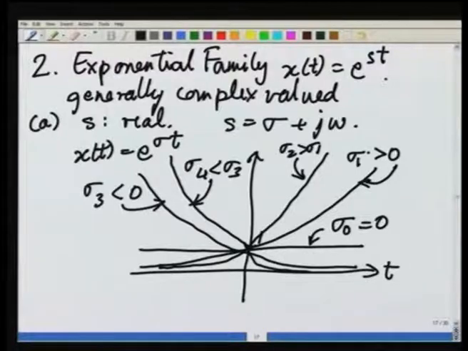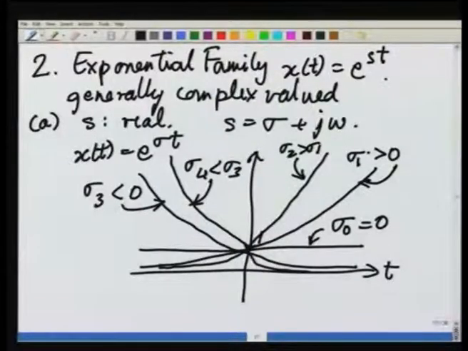So, for cases where sigma is less than 0, the roles are reversed. When sigma 4 is less than sigma 3, its curve is greater than that for sigma 3 when t is less than 0, and less than it for t greater than 0. Let us summarize all this by going to the next page.